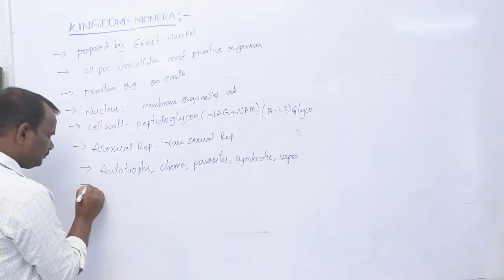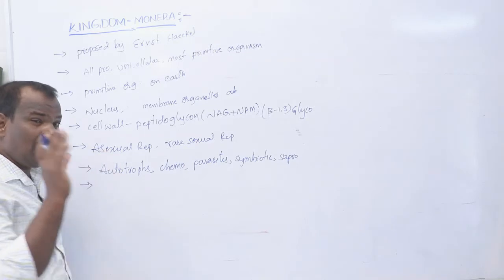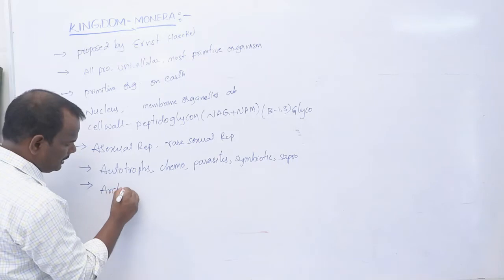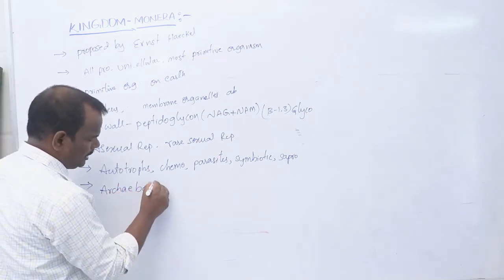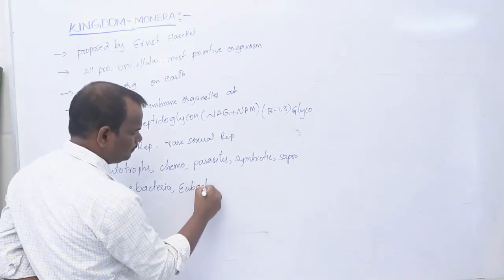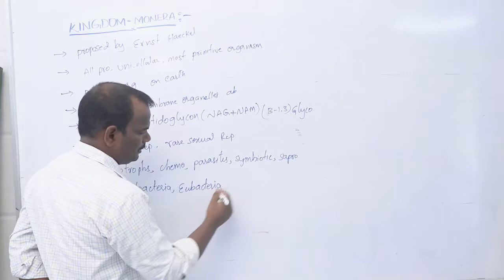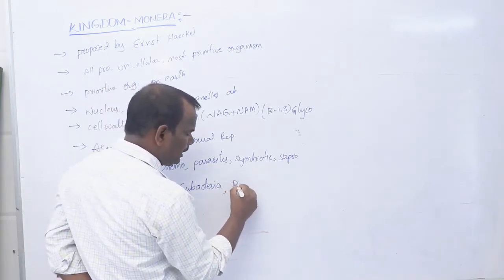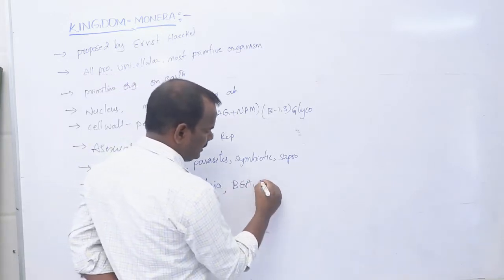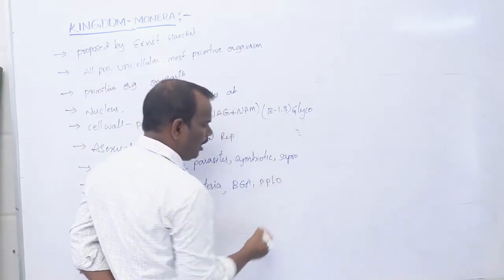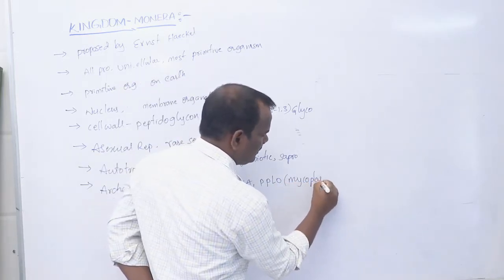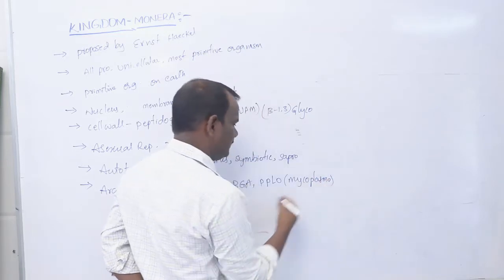In this Monera, what are the organisms? What are the classes? The first one is archaebacteria, next eubacteria, next blue-green algae or cyanobacteria, next PPLO or mycoplasma, and next actinomycetes. PPLO means pleuropneumonia-like organisms, also called mycoplasma-like organisms.